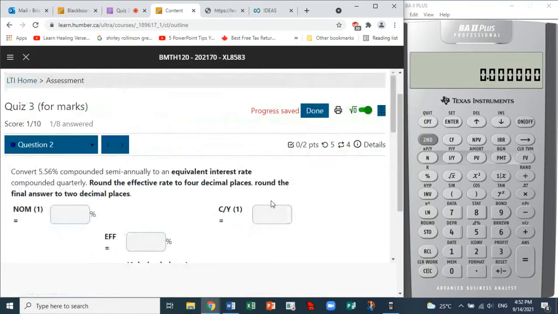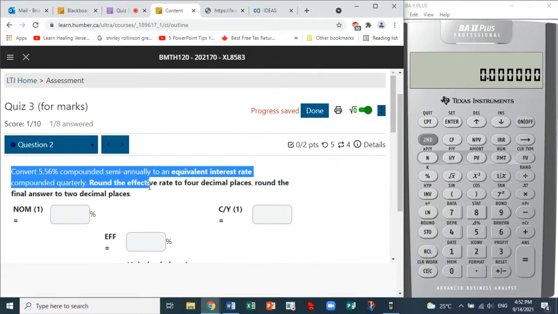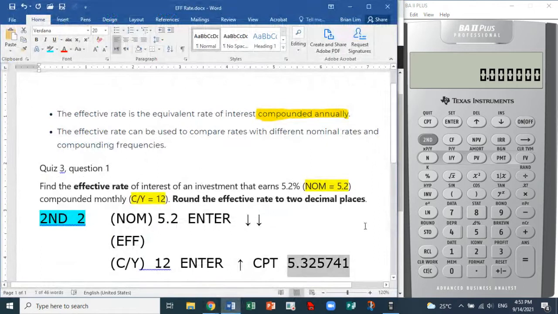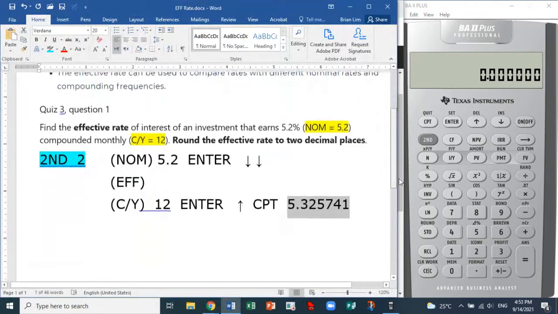All right, and number 2. Convert 5.56 compounded semi-annually to an equivalent interest rate compounded quarterly. Okay, so what you have is two different rates to compare.